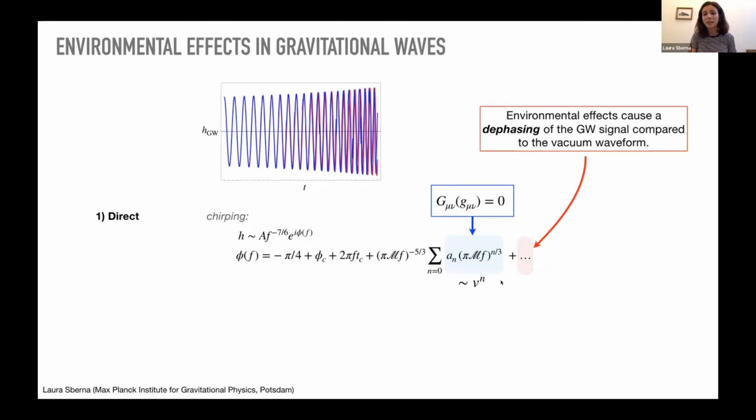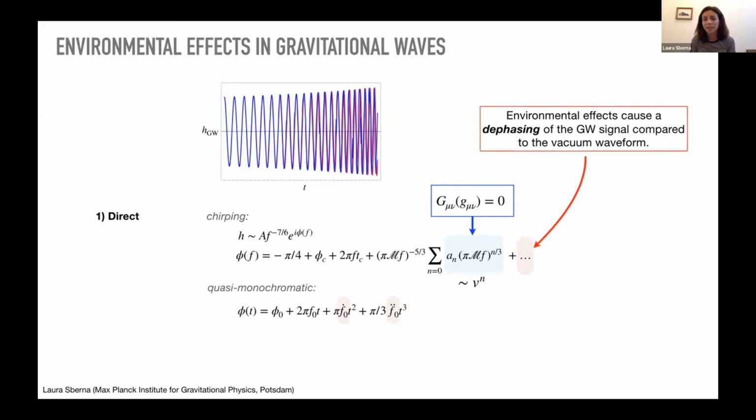In particular, you can have terms that have a lower frequency dependence compared to the vacuum ones, so you can distinguish them from the vacuum prediction. This is why LISA is a particularly interesting mission to look for these environmental effects, because it's sensitive, as Tom said, to lower gravitational wave frequencies.